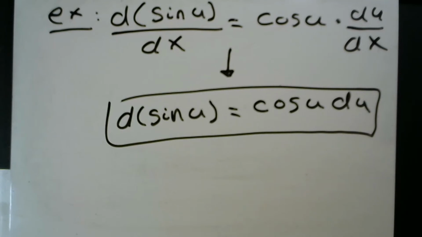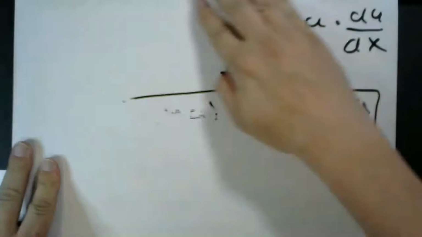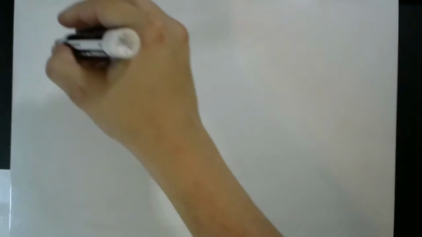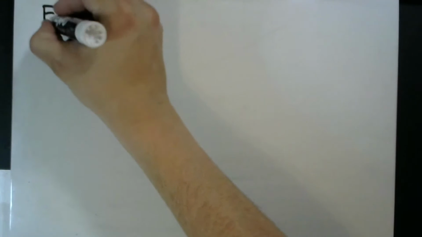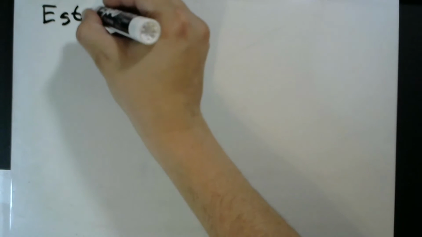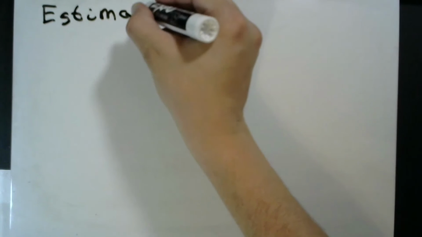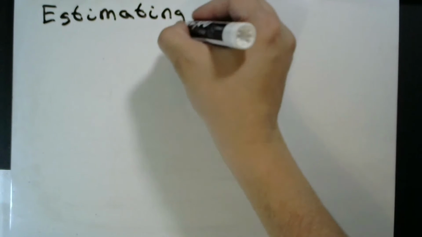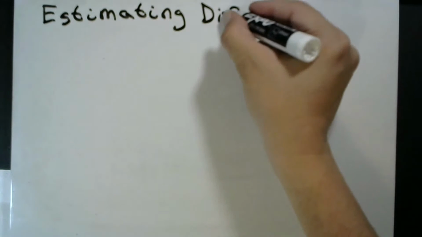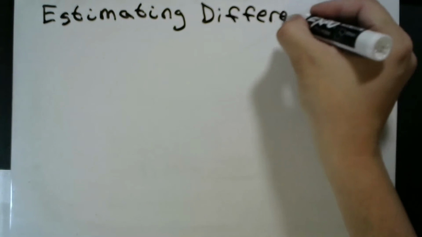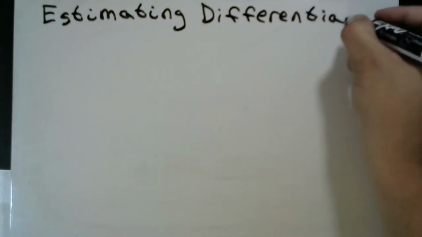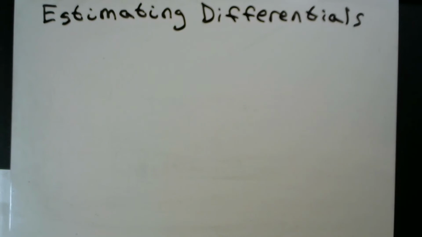So one thing you can do here is we're looking for oftentimes the change in one variable. So the way this typically works is going to be this.